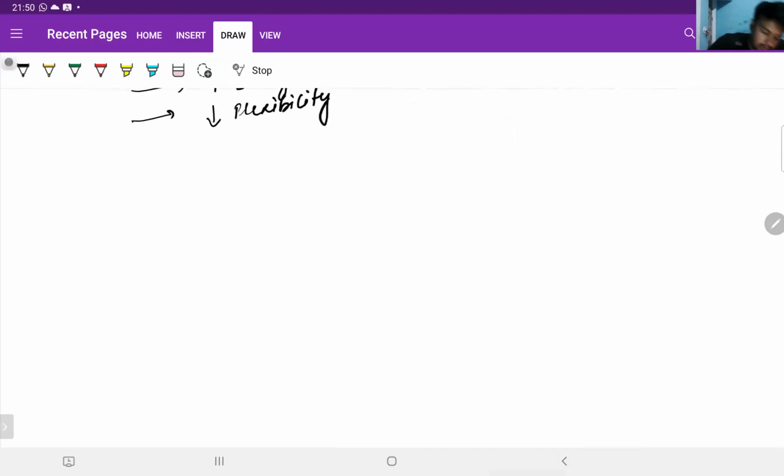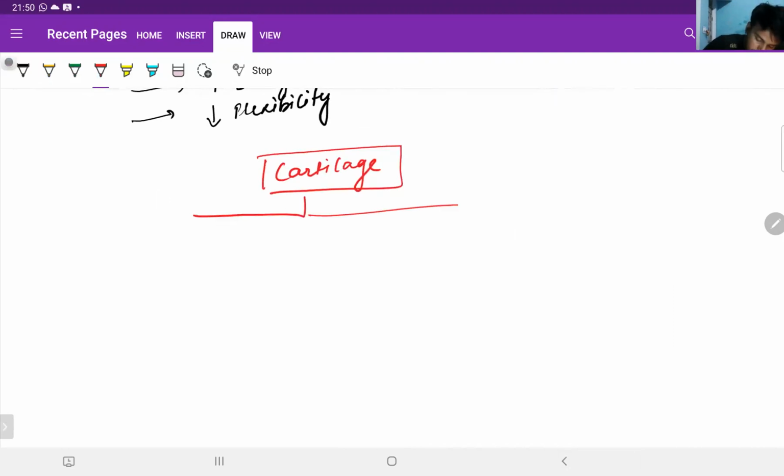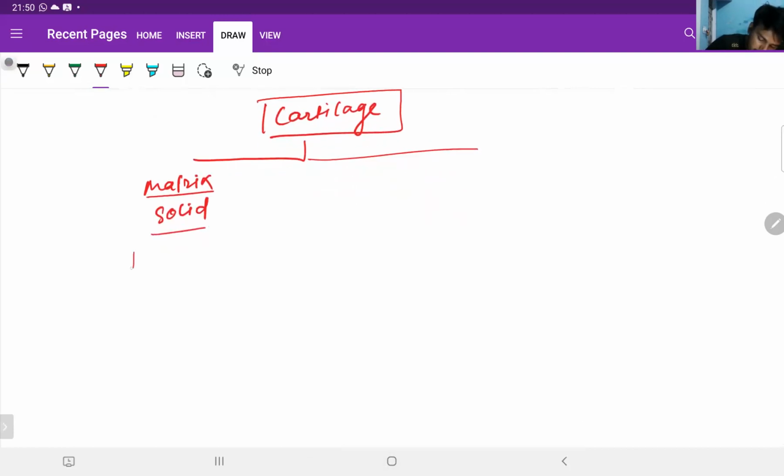Now we can talk about cartilage as well, right? Like I told you, the location of different kinds of cartilage. Here the matrix of cartilage is solid, and it is formed by certain proteins and sugars.